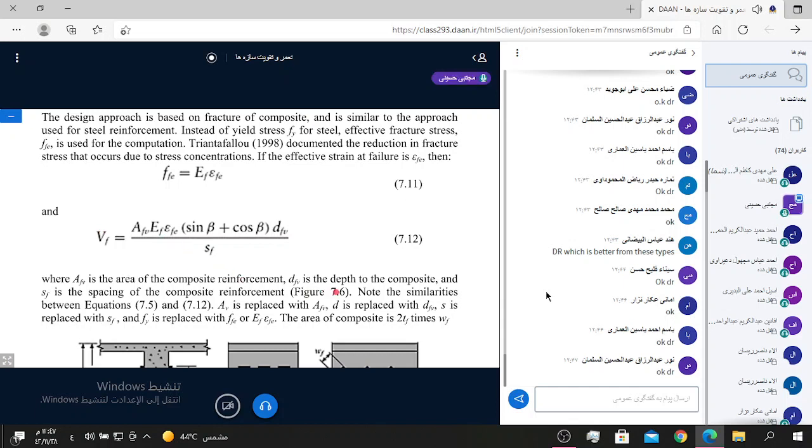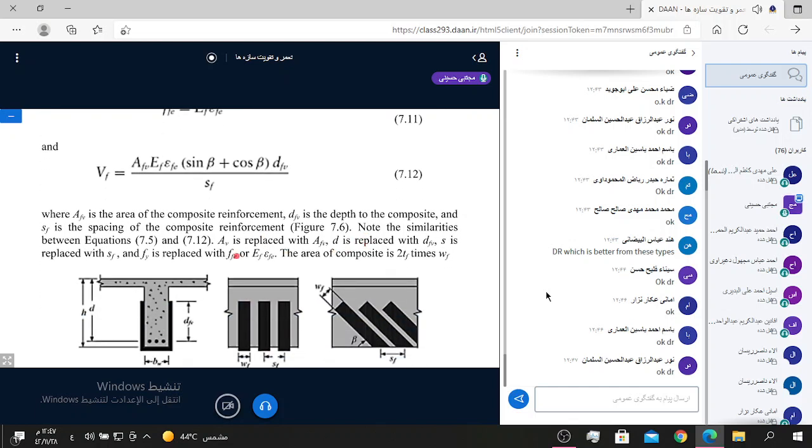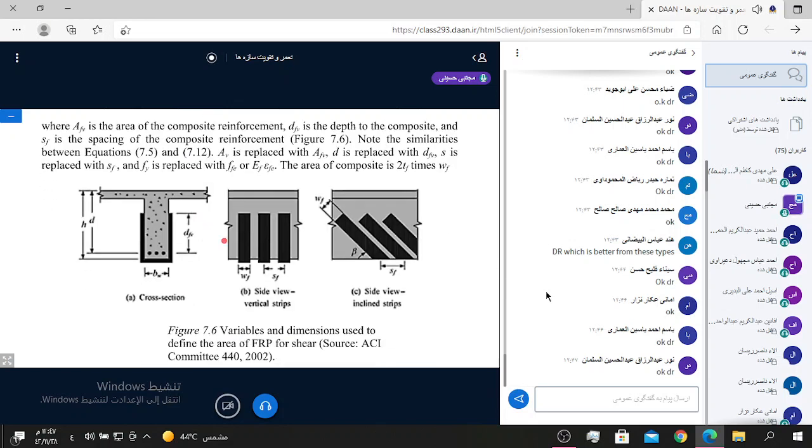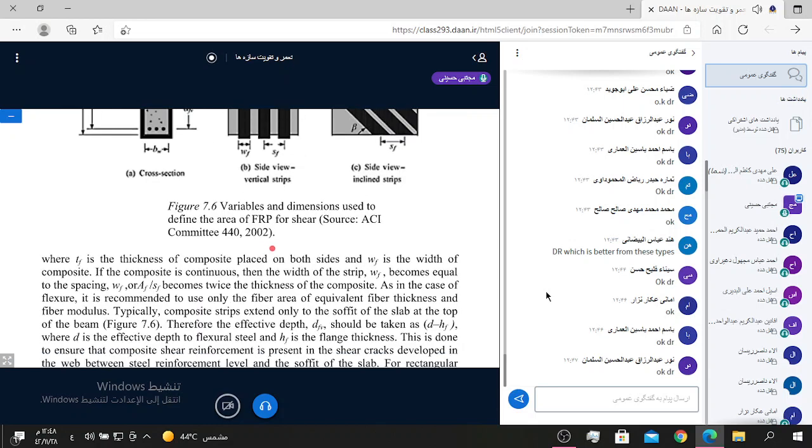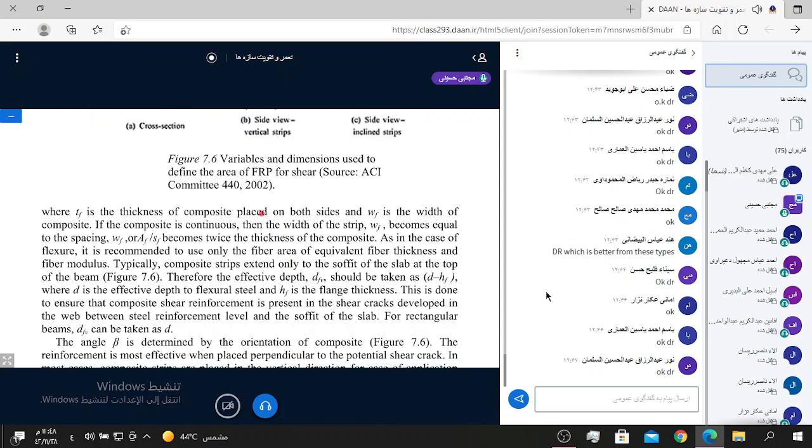Okay. And also, you know, df is the depth of composite, and sf is spacing of composite reinforcement. And similarly between equations 7.5 and 7.12, okay, you can see for these three cases, refer to the ACI code, and you know tf is composite thickness placed on the back side, and wf is width of composite.